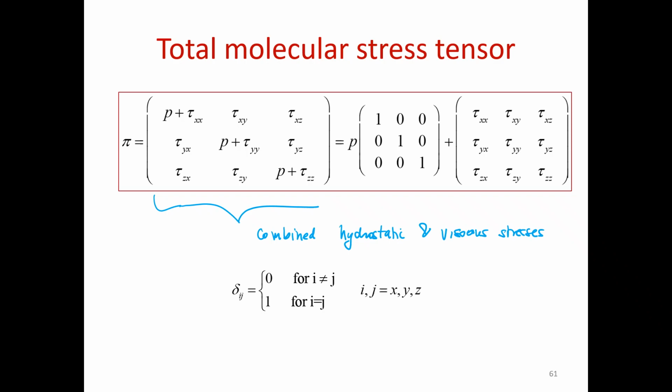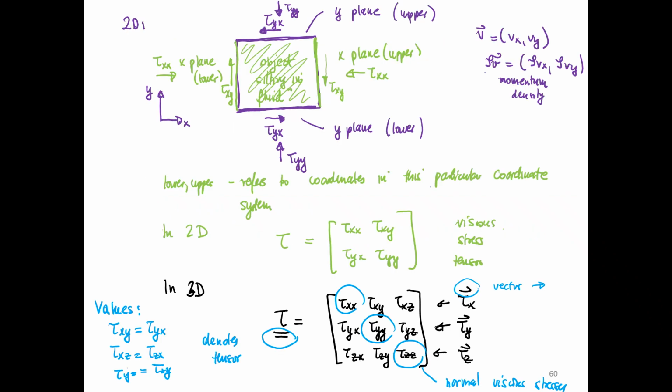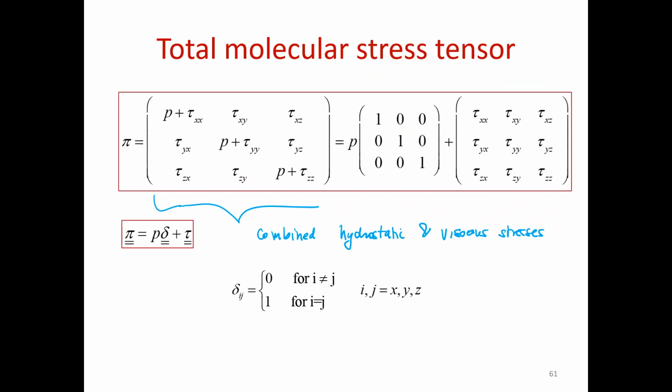And the viscous part happens because of the fluid movement. You will often have this shortened notation. I'm thinking about tensors. This is P times the identity matrix. This is the shear stress tensor that I described before.